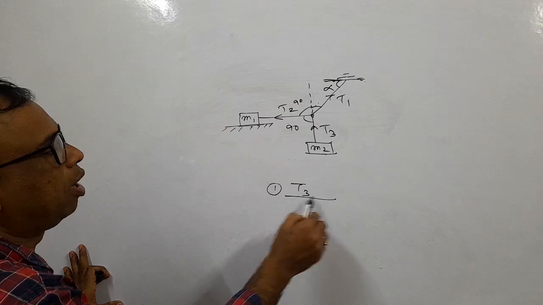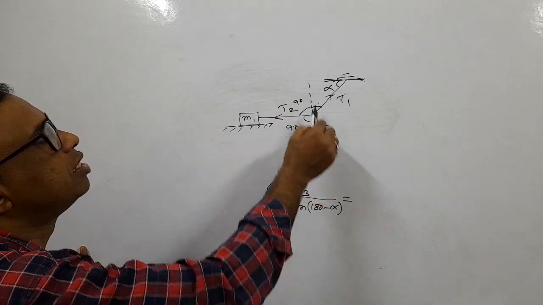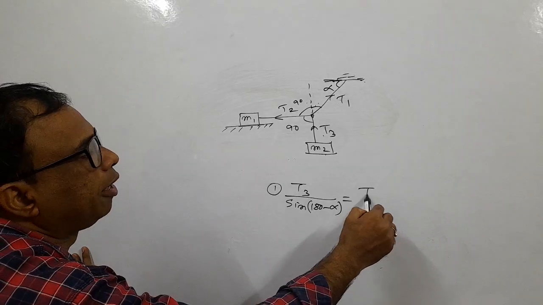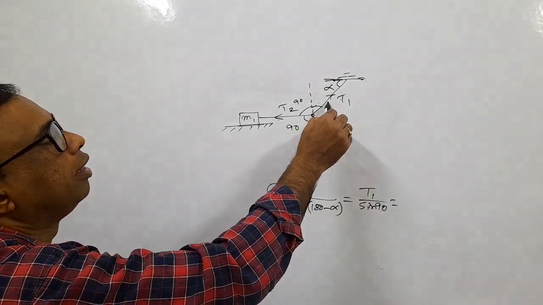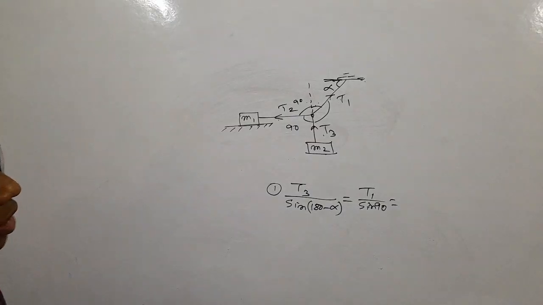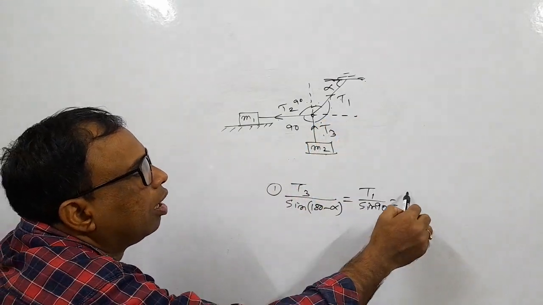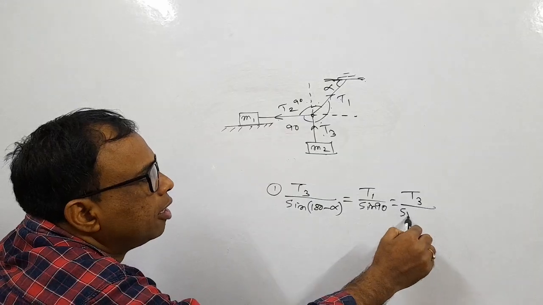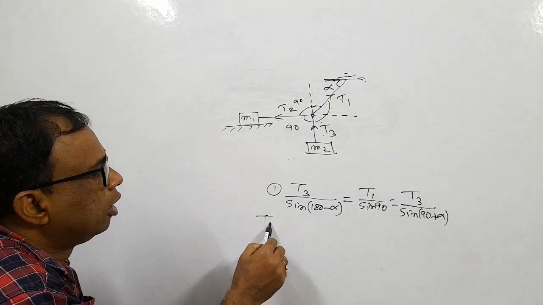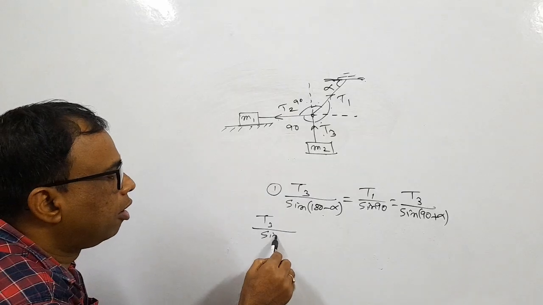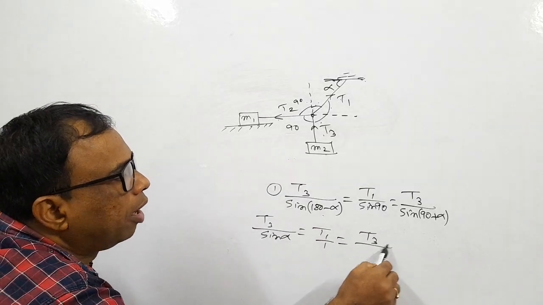So T3 by sine of 180 minus alpha equals T1 by sine 90, and T2 by this angle, which is 90 plus alpha, so T2 by sine of 90 plus alpha. That's your equation: T3 by sine alpha, T1 by 1, and T2 by cos alpha.